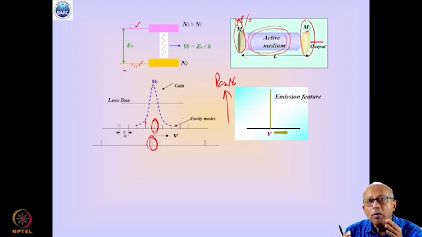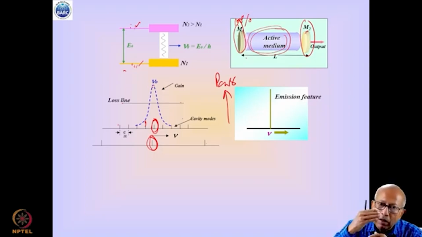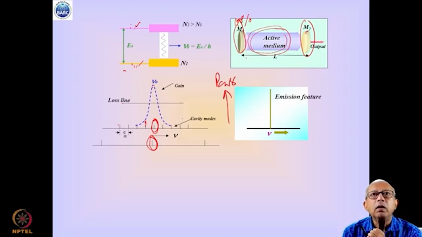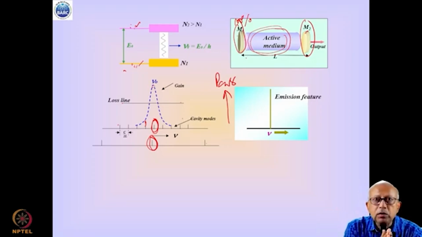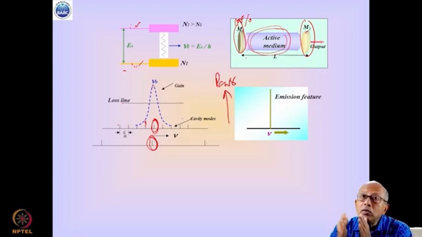That means more collision means shorter lifetime, and less collision means the molecule can spend longer time in the excited state. I think it is clear to you. So if we increase the pressure, there will be more collision. That means lifetime will be reduced. If the lifetime reduces, then the broadening increases. Heisenberg's uncertainty principle. So if you have to reduce the broadening, you have to reduce the pressure.